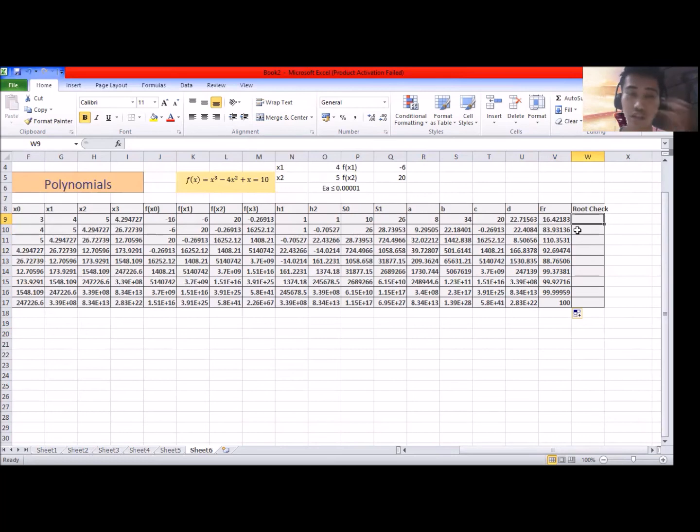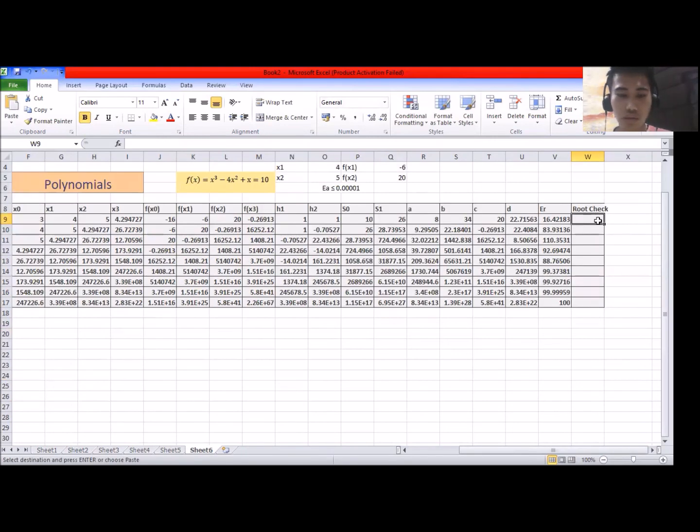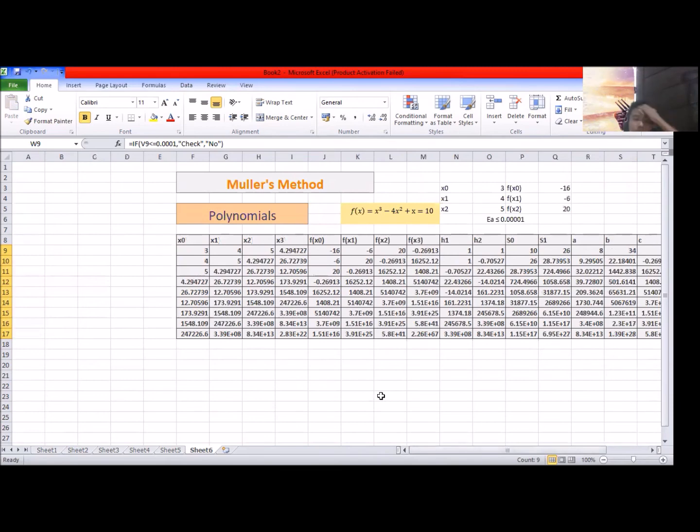So click again, get the functions here, and copy, till the estimated root is less than the stopping value. That's how we use Muller's method. So that's all, and thank you for listening and watching.